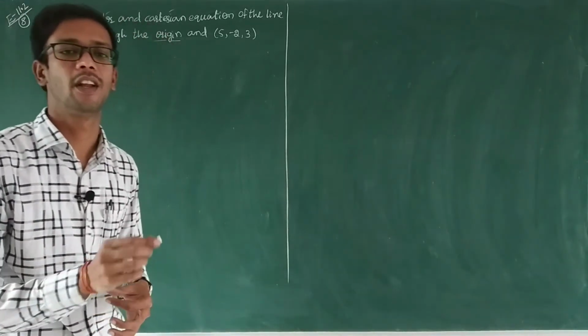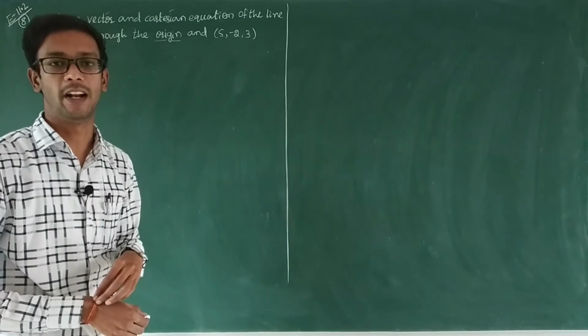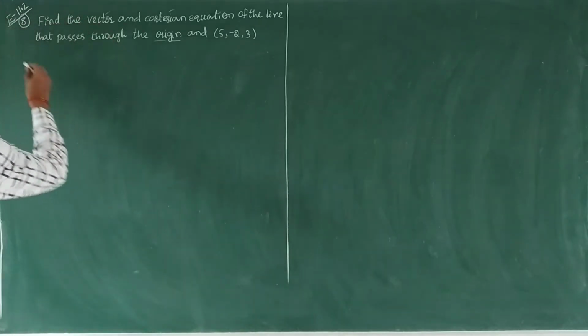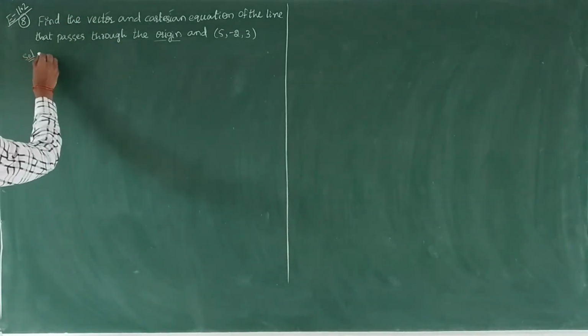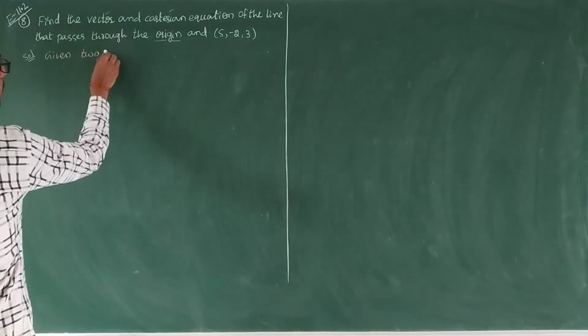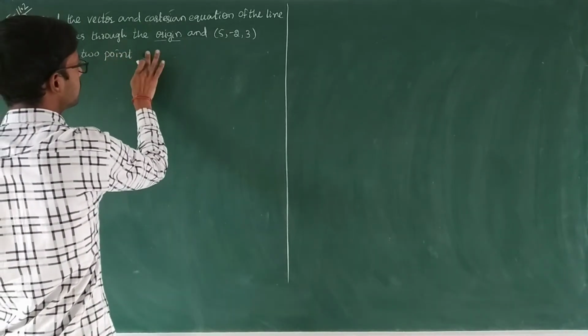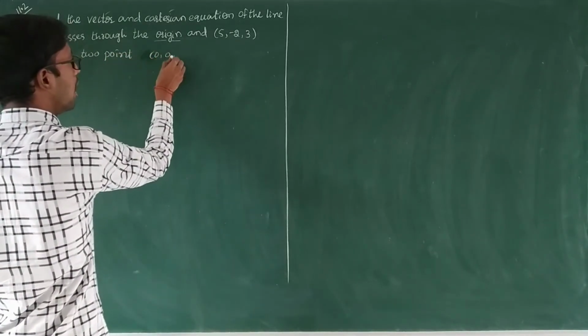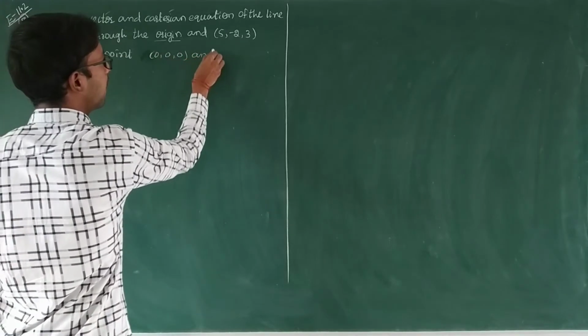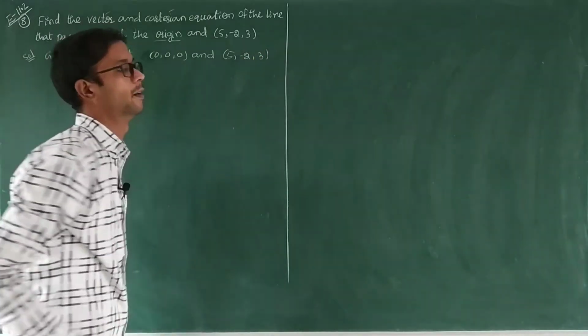Origin is nothing but 0, 0, 0, and another point is 5, minus 2, 3. So how to solve this problem? Solution: given 2 points, origin 0, 0, 0, and 5, minus 2, 3.